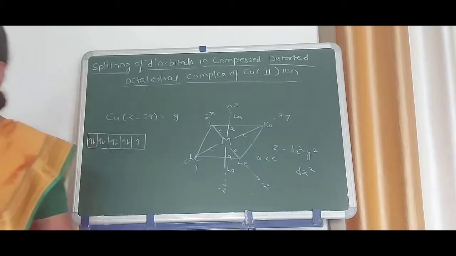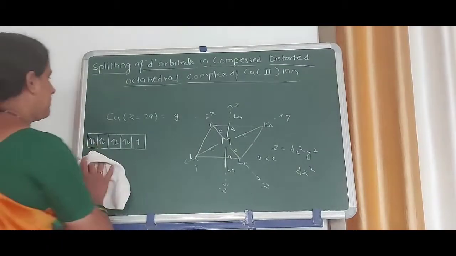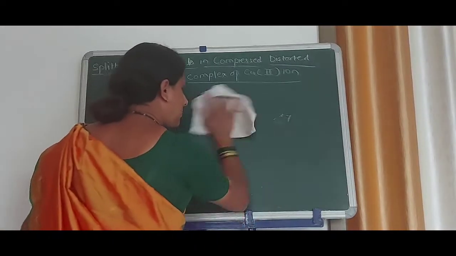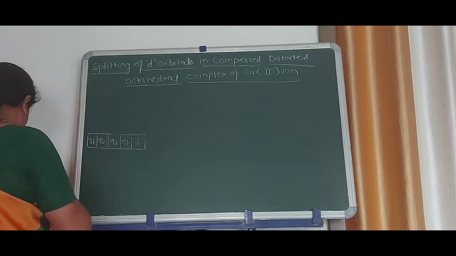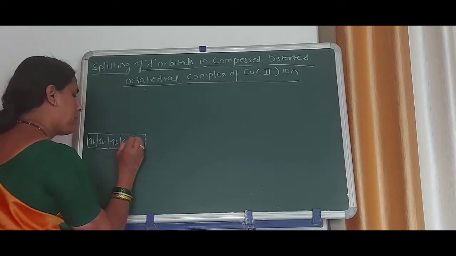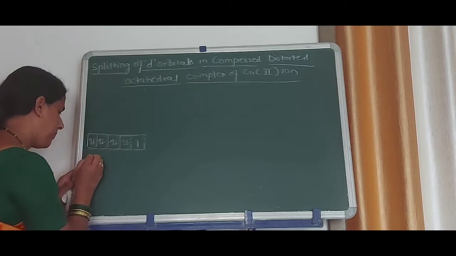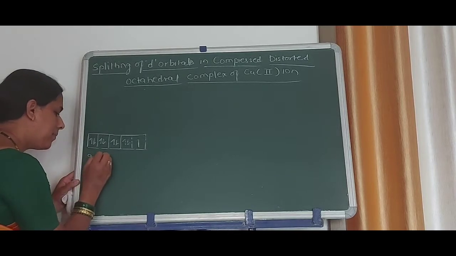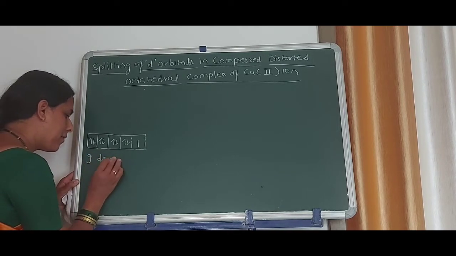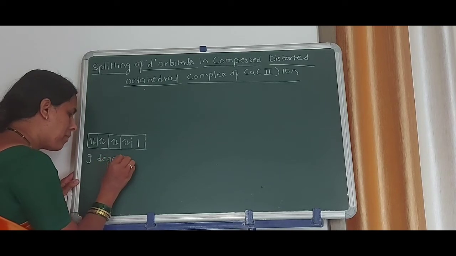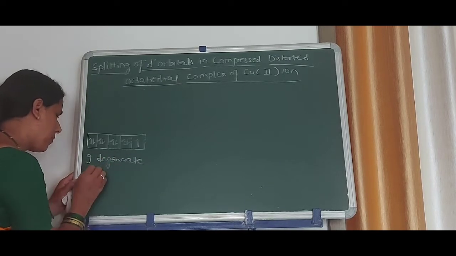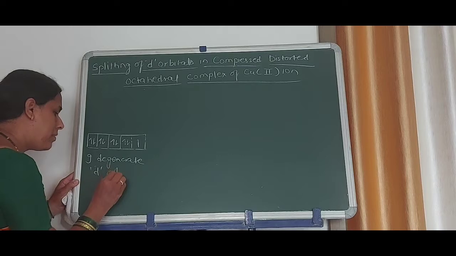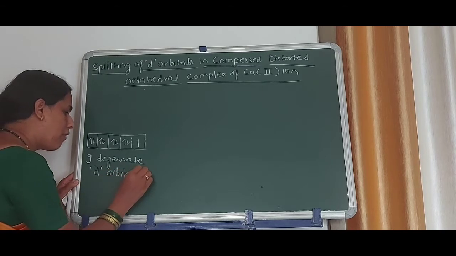Let us see here. Nine degenerate d orbitals of the free metal ion.